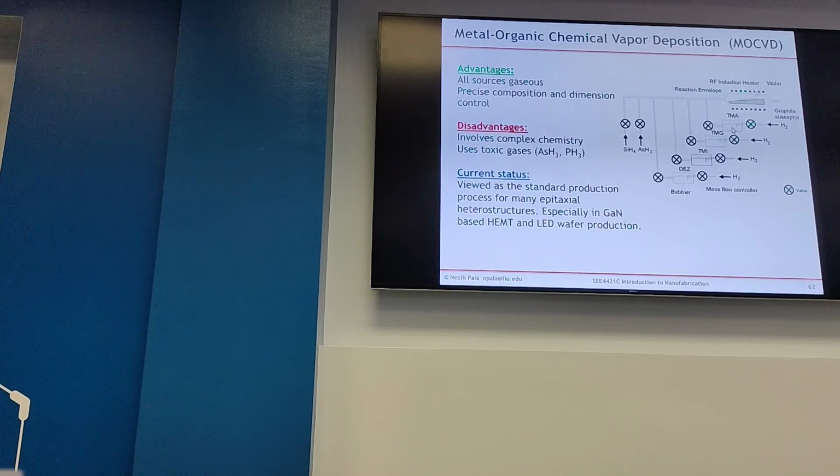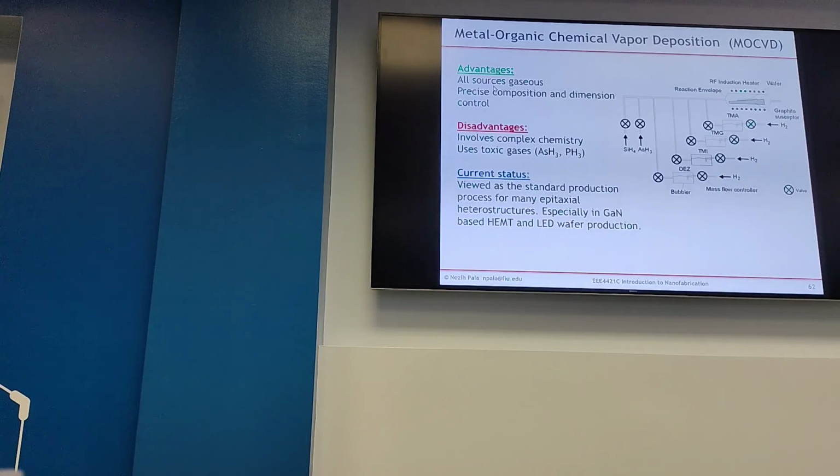So as hydrogen goes through, it binds to whatever you have here, and then carries them through the delivery, and they react on the surface because of the heat, typically to increase the reaction rate. So the fundamental process here is chemical, to have a reaction on the surface to deposit whatever you want to deposit.